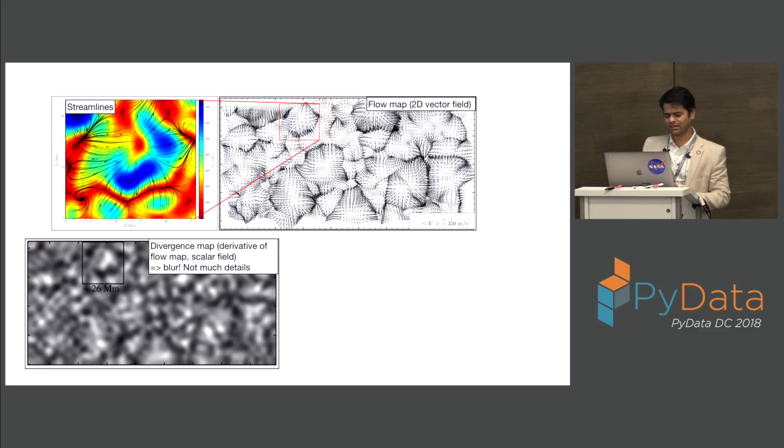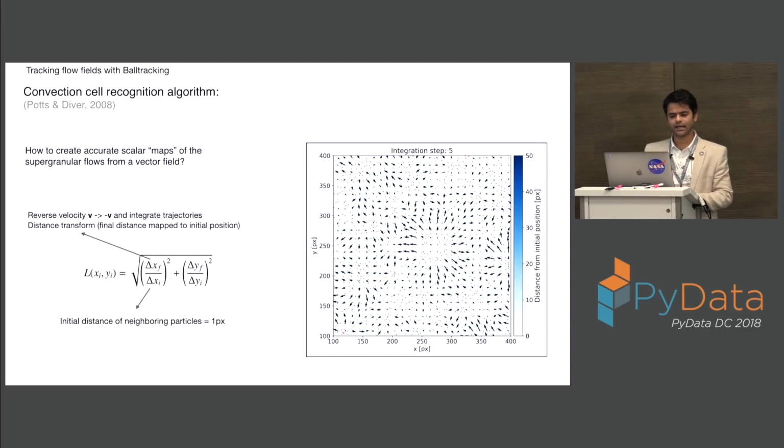Another way to have patterns in the flow map is to use derivatives. It is actually the thing you should not do. It's very blurry, and people are very frustrated with that. And so we have to do better. So one way to do better is to use a convection cell recognition algorithm, where you simply reverse the velocity and you integrate the trajectories of that reverse velocity.